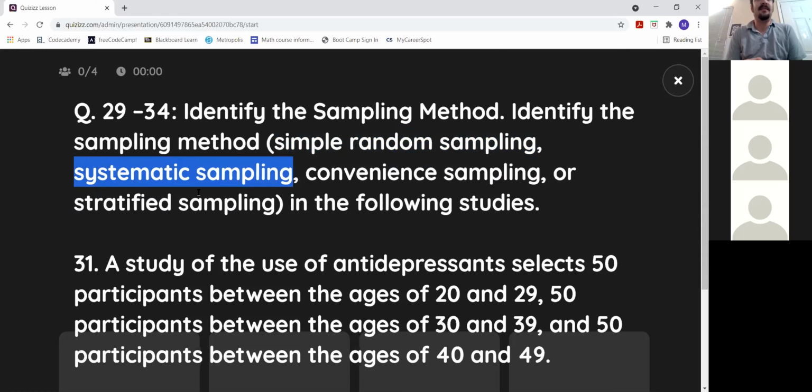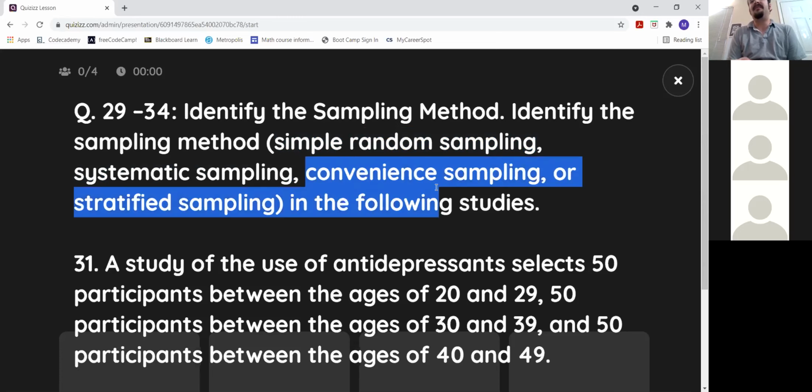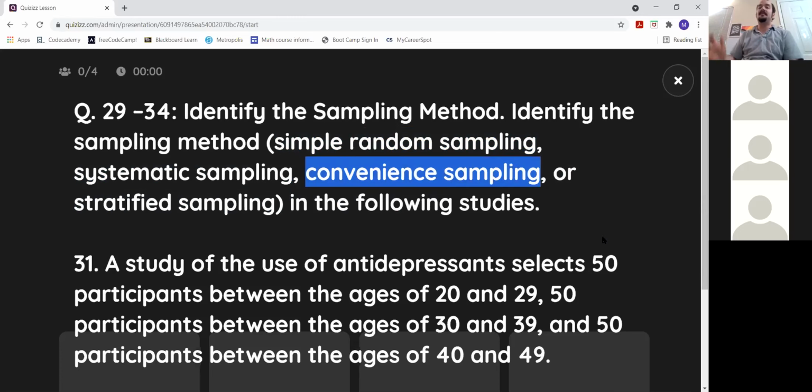Systematic sampling is a simple system. I do every 5th, every 6th, every 7th person. There's some number, and every so many, I'm going to pick them out. Convenient sampling is doing what is easy. If I sample everyone in my classroom, they're immediately around me, so it's really easy to sample them. It may not be the best way to sample things, but sometimes it is the only thing we have.